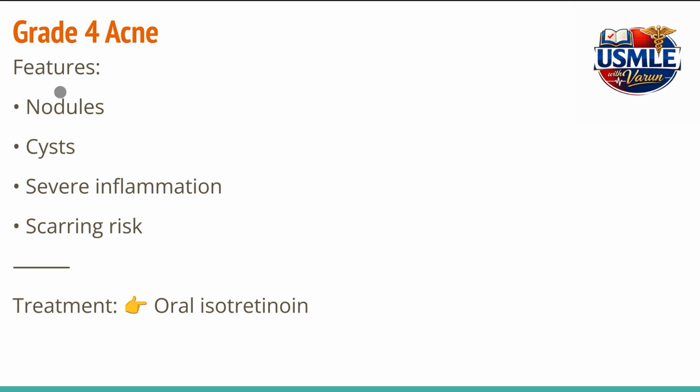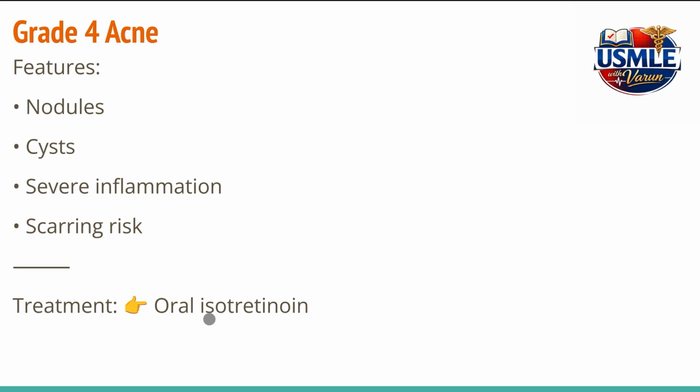Grade 4 is the most severe form, the nodulocystic acne. These are deep, painful lesions that can destroy the skin architecture and can lead to permanent scarring. So at this stage, we use a very powerful drug. It's oral isotretinoin. So let's try to understand why this oral isotretinoin is so effective.